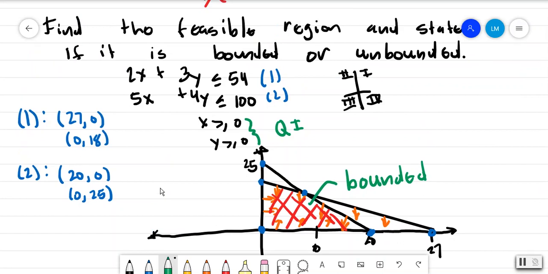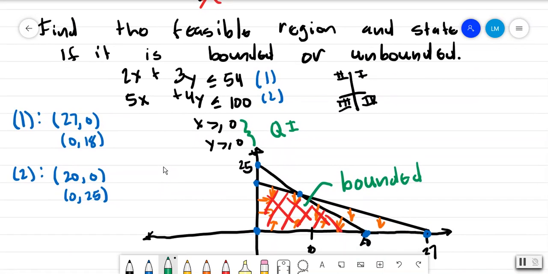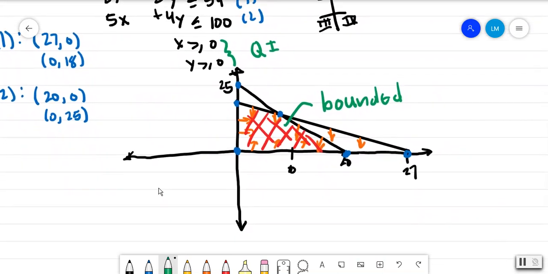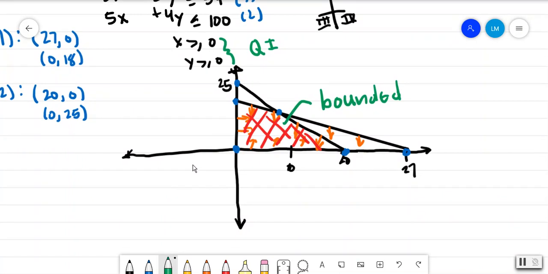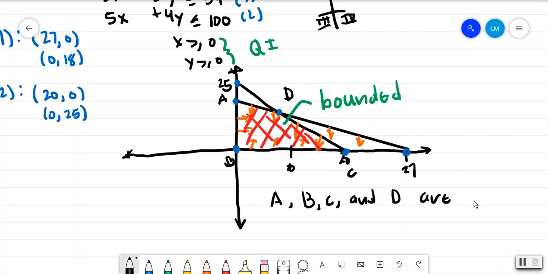Now, we also can label what are called corner points. So let's say that we label this as A, B, C, and D. We say that A, B, C, and D are what we call corner points.